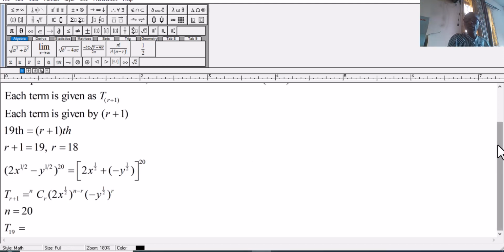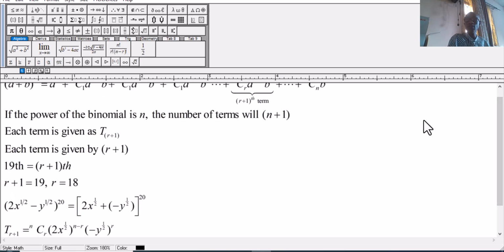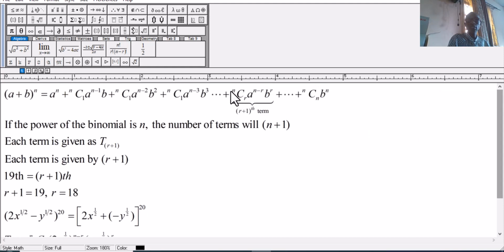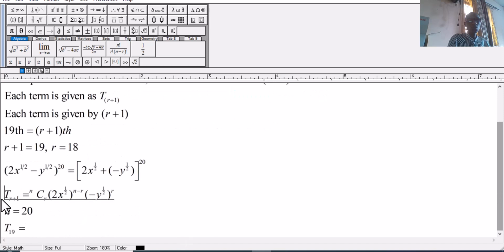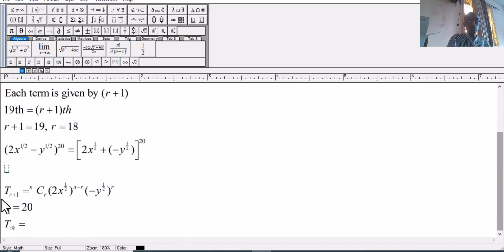So it's this pattern we are following, the pattern for every term we are given. Let me copy it out so that you can see it clearly.